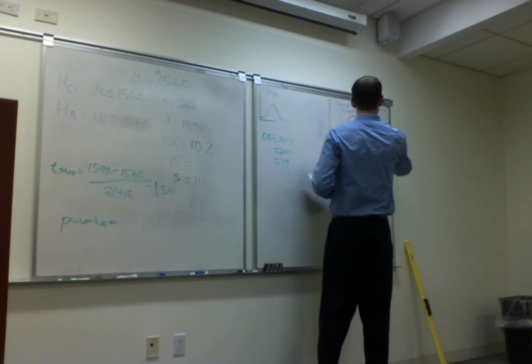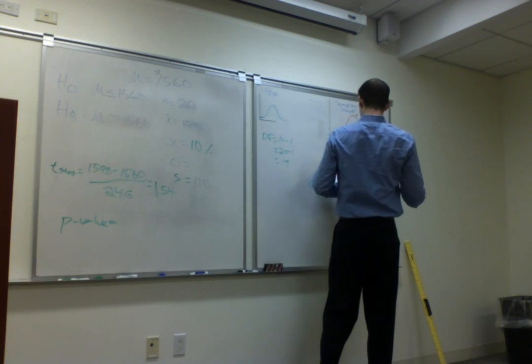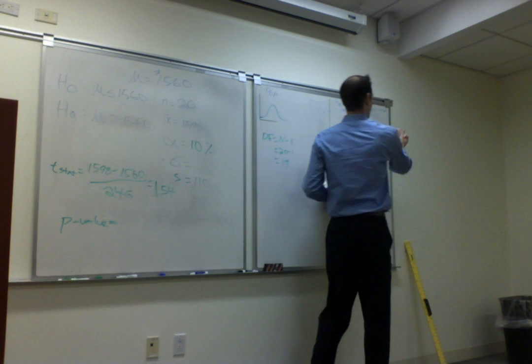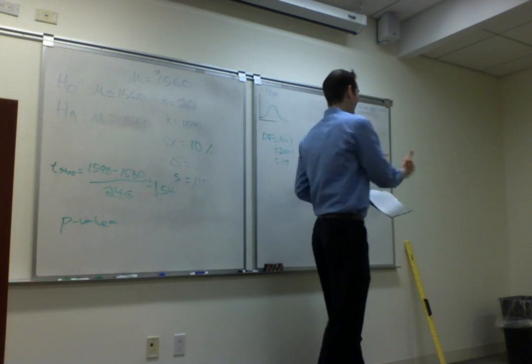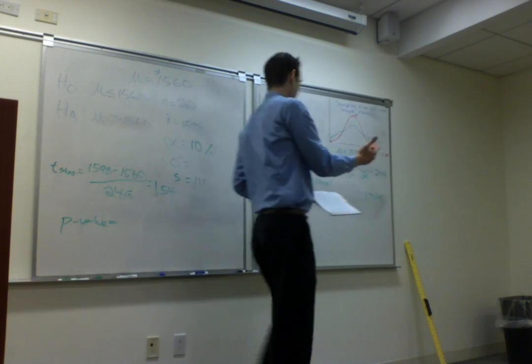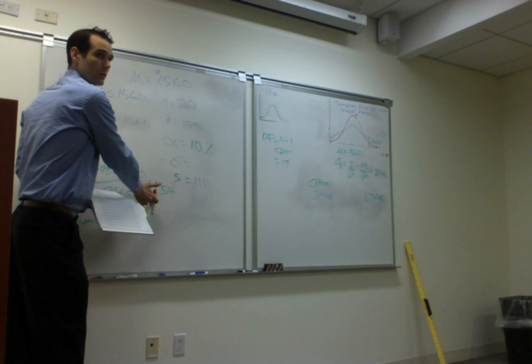But one column over is 1.729, which represents the 5% mark, where 5% of the data is more extreme. And we know that our t-stat falls between those two.